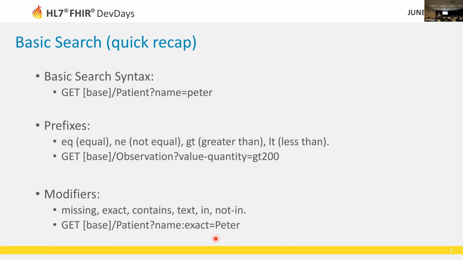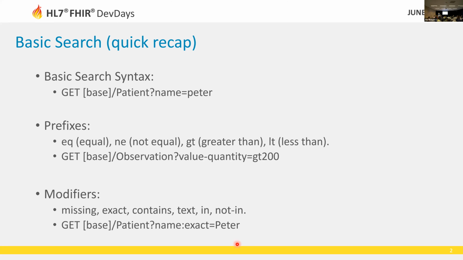Using this exact modifier, you can say return me all the patients whose name exactly matches Peter. Does that mean that the first one is case insensitive? Yes, so this would be considering the case sensitivity.